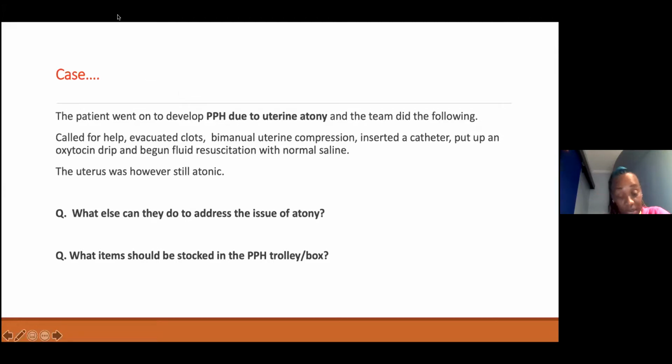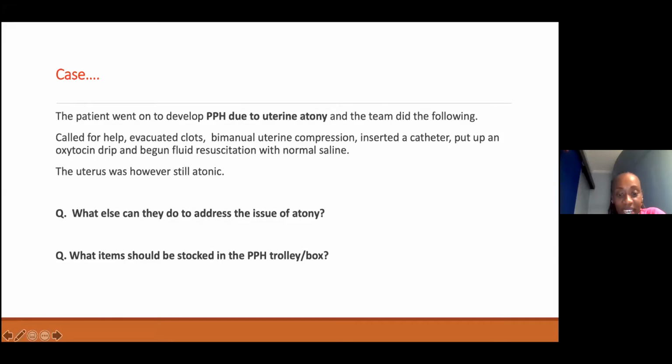Yeah, feel free to type, at least I can see answers when you type. So other than what they've done there, what else can they do to address atony? Okay, balloon tamponade. Before you go there, because remember it takes some time, misoprostol, excellent. Yes, Syntocinon has been given. Tranexamic, excellent.